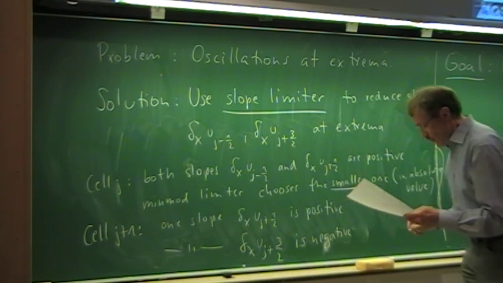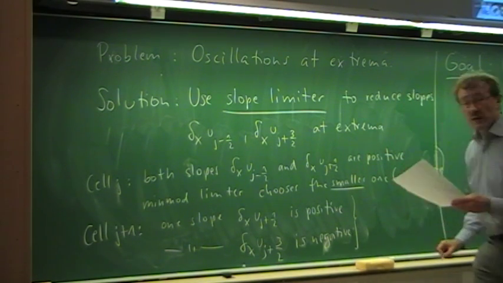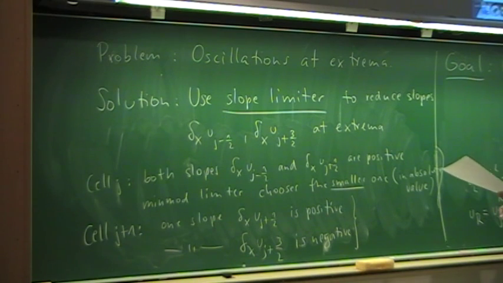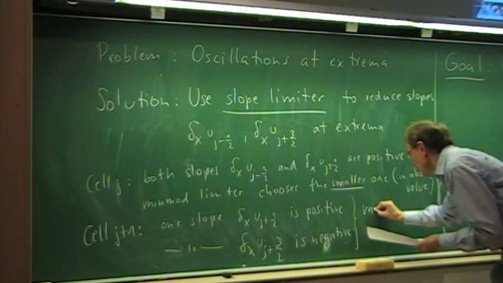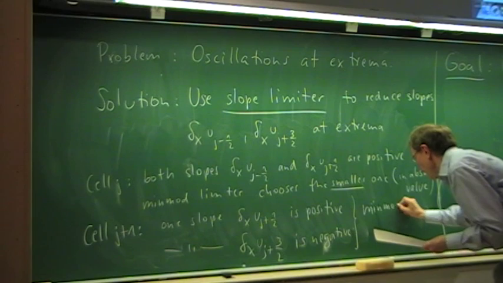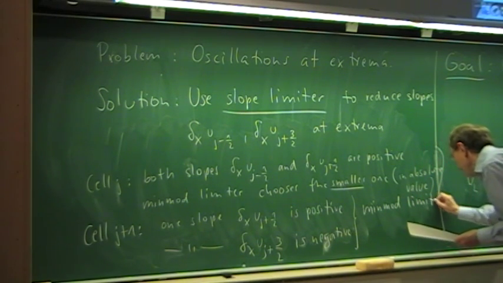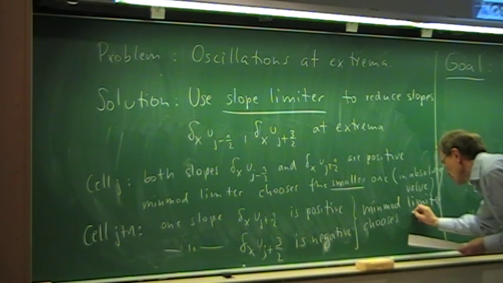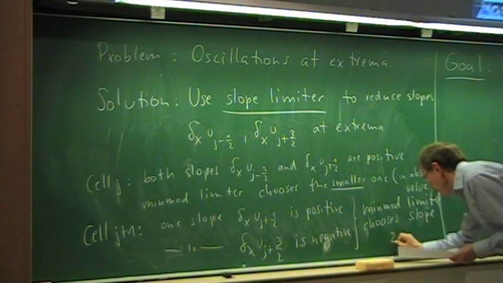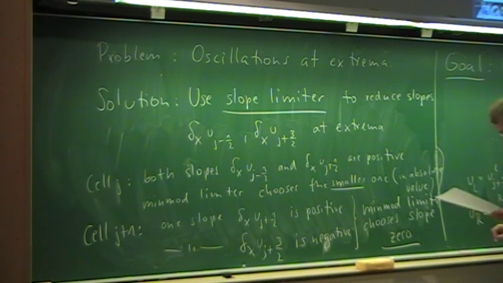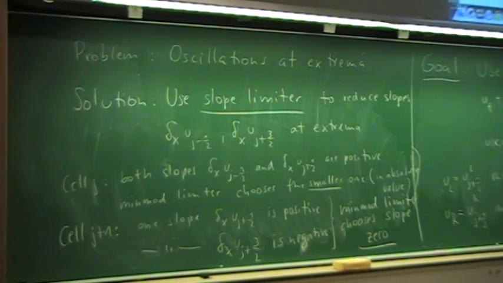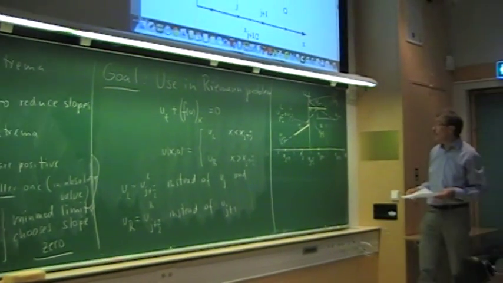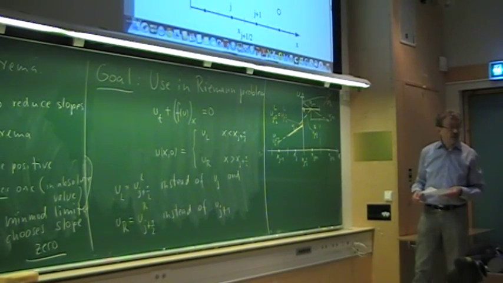In this situation, the Minmod limiter chooses slope 0. That is the constant reconstruction by Good Enough, which is essential at extrema.